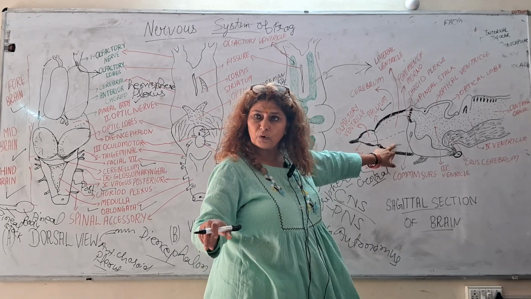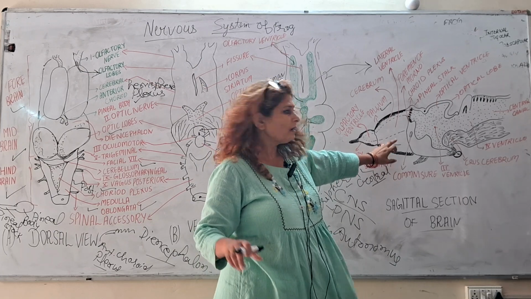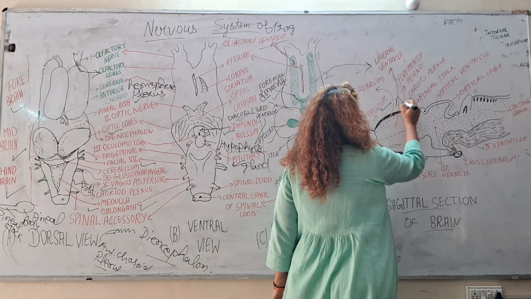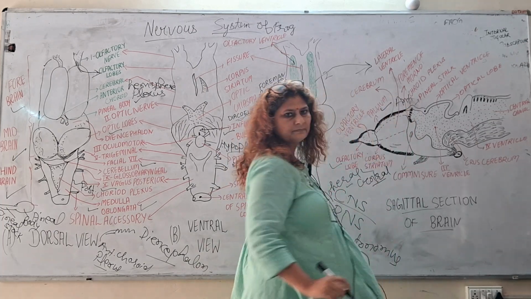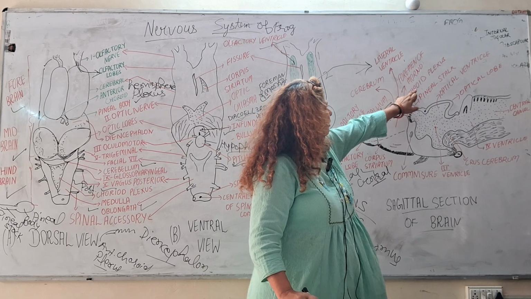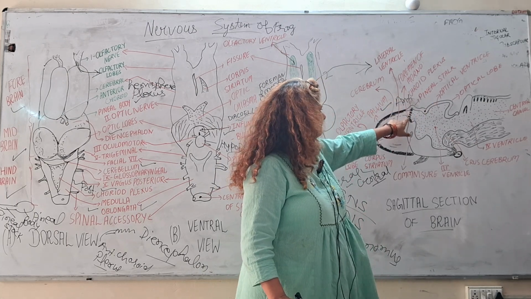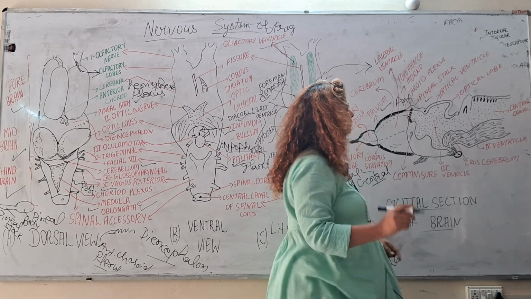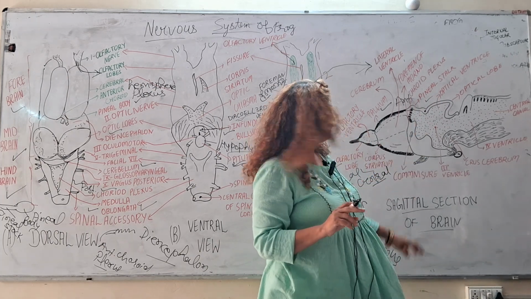The floor is corpora striata. Then there is present anterior choroid plexus, then pineal stalk, and above it the pineal body.